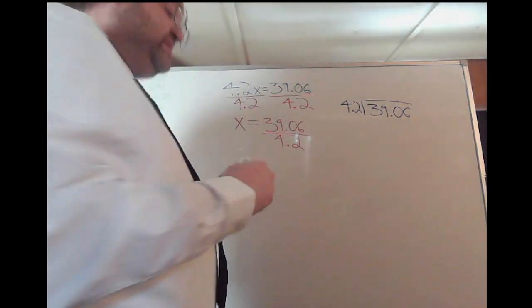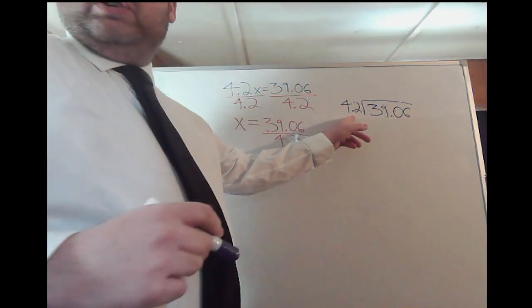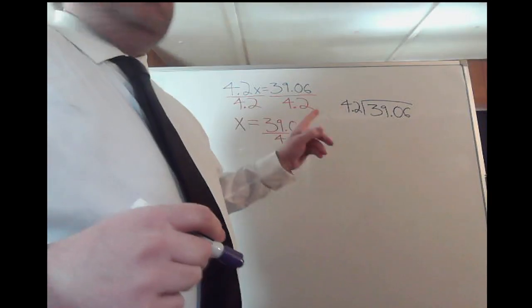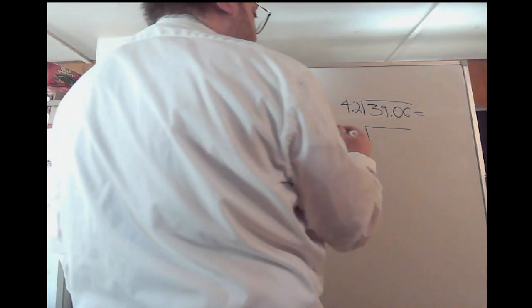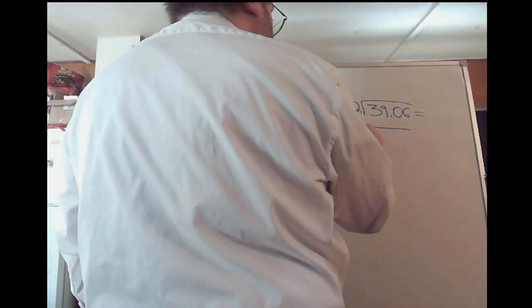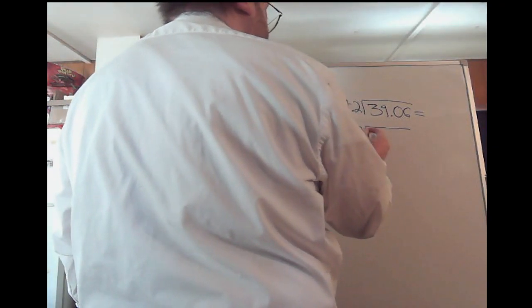Well, what we see in the divisor of 4.2 is a decimal. We definitely don't want to have that. So what we're going to want to do is rewrite this to where the decimal is out of the divisor. How we do that is we move it over one decimal place to the right. So that'll be 42 in the divisor.